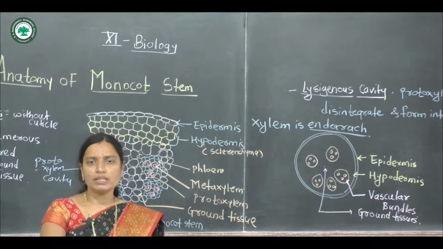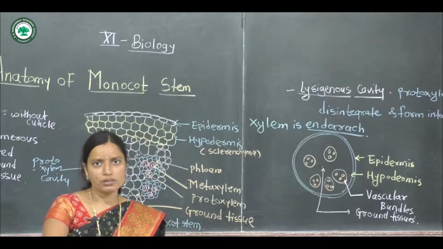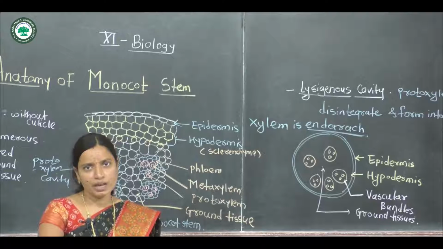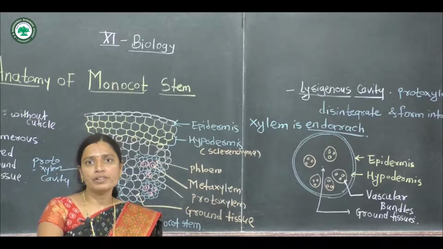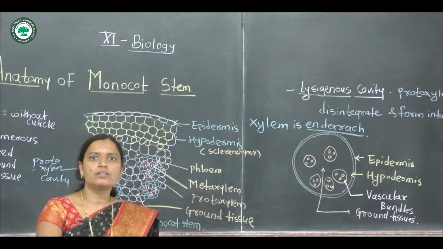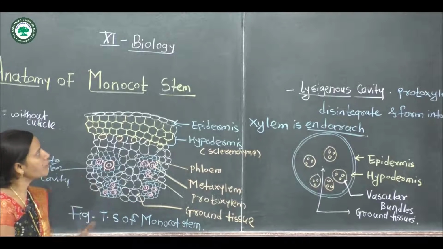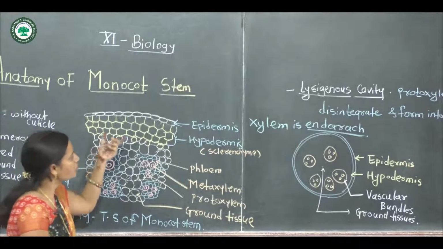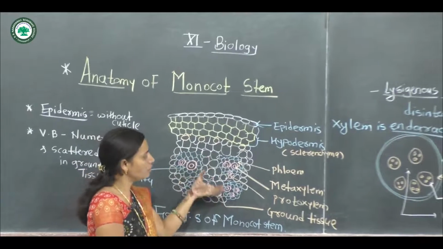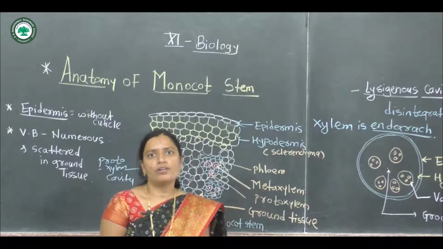It differs from the dicot stem because in monocots secondary growth is totally absent, since the cambium layer between the xylem and phloem is absent, but in dicot stem it is present, and that's why secondary growth is also present in dicot plants. The monocot shows these layers because its vascular bundles are scattered in the ground tissue. This is the anatomy of monocot stem.